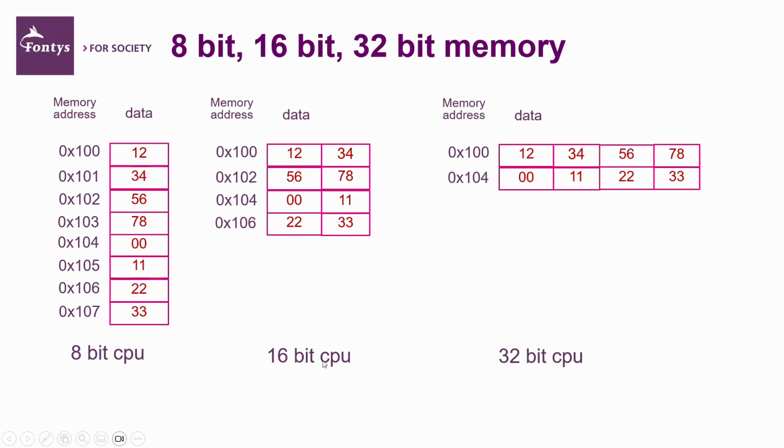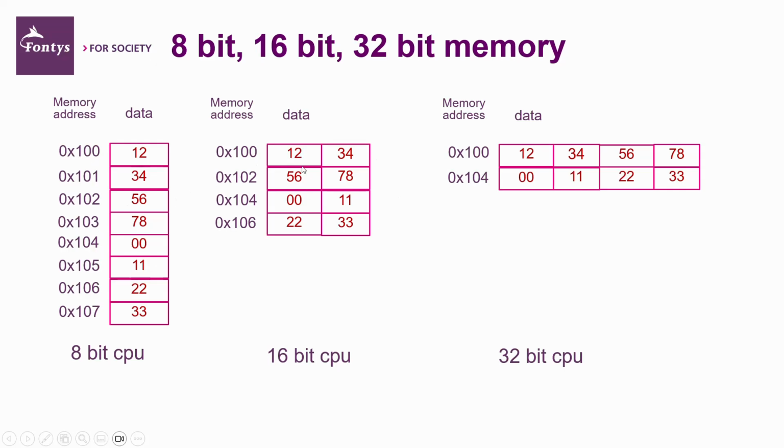Then we got some bigger CPUs that could handle 16 bits at a time, and what they did was, of course, instead of storing byte data, they stored 2 bytes of data resulting in 16 bits. And basically if you look at the memory and how the addresses are pointing to the data, we see here that every location is pointed to, and then the address is incremented by 1 every time.